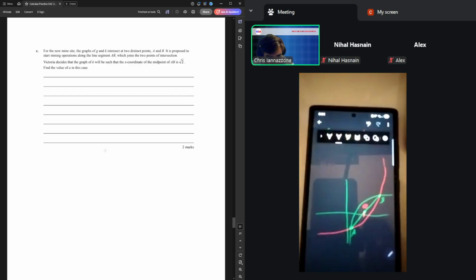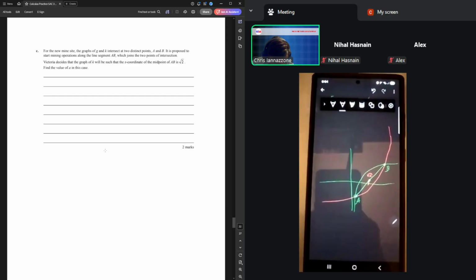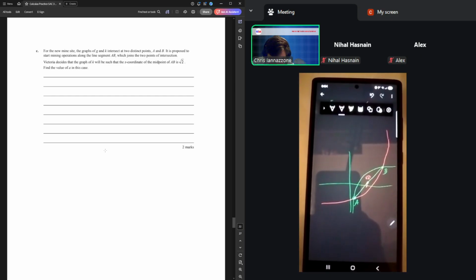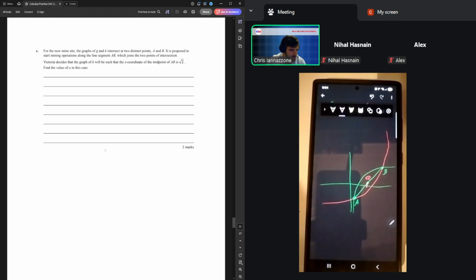Great, readable. That's what we're trying to achieve, and we're trying to figure out what value of A would cause that to happen. 2 marks, so there's a bit of working out to be done here. What could we start to do?